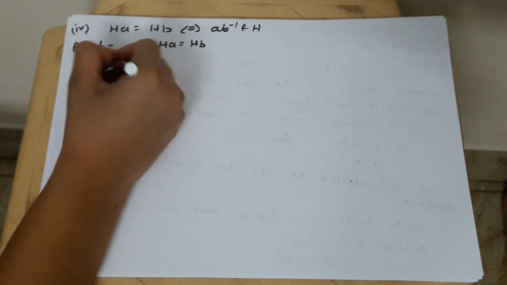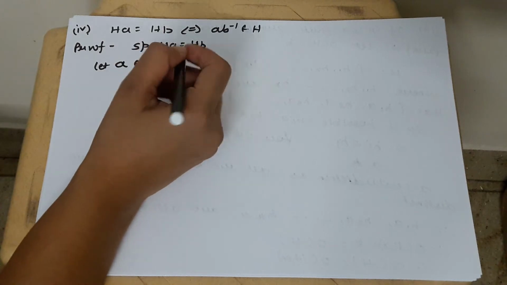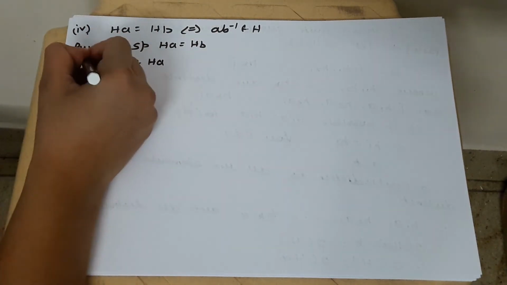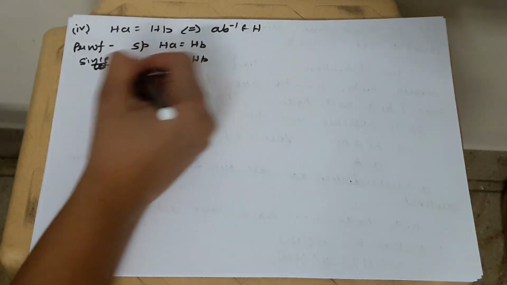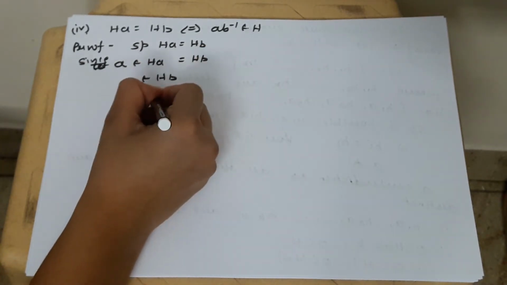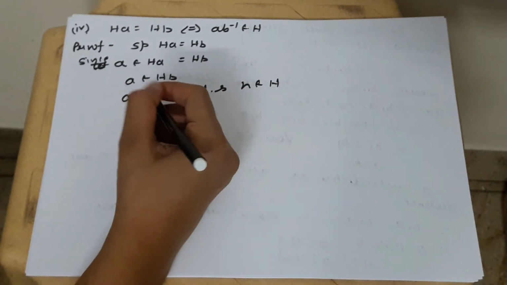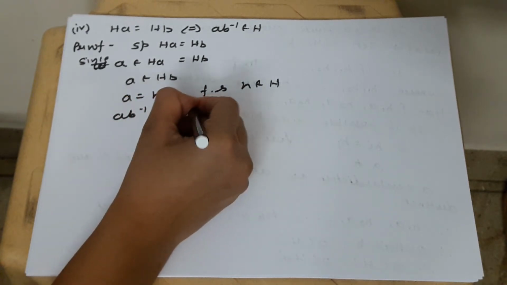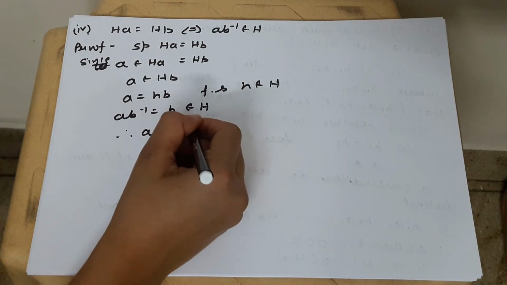Obviously a will be an element of Ha. Since a belongs to Ha, which is equal to Hb, so a belongs to Hb. So a is equal to hb for some h belongs to H. So ab inverse is equal to h belongs to H. Therefore ab inverse belongs to H.